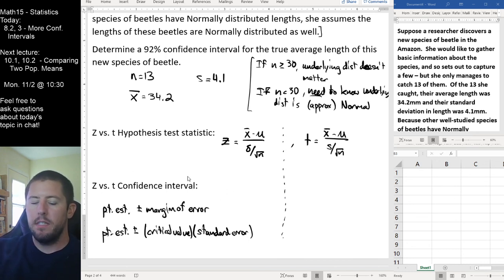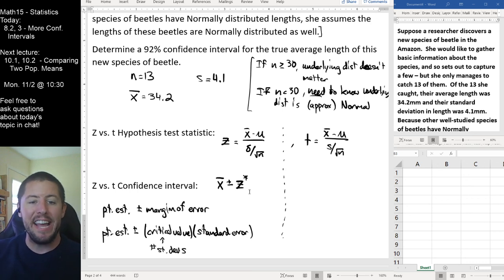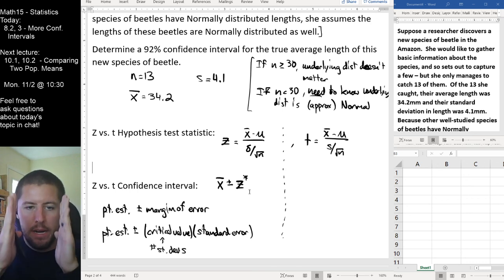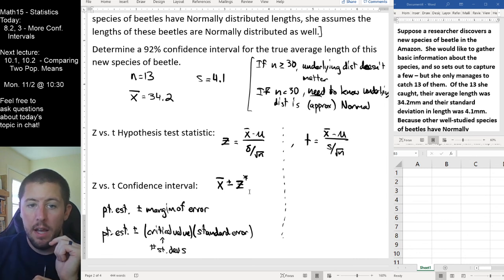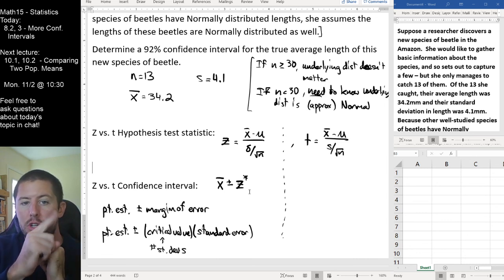If I'm trying to form a confidence interval for a population average, my best estimate is going to be my sample average, x bar, plus or minus. What I want to know is how many standard deviations away it might be, and how far is one standard deviation. The number of standard deviations in this case is what we called Z star. Z star is exactly how far away in standard deviations the boundary of your middle percentage is, where the percent, as you're seeing in this problem, is 92% confidence.